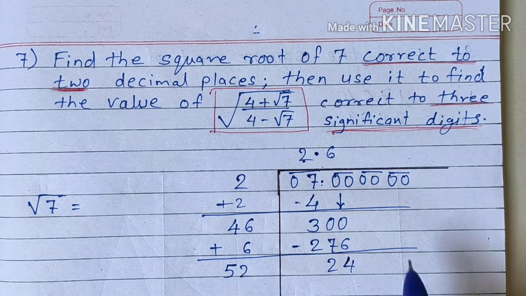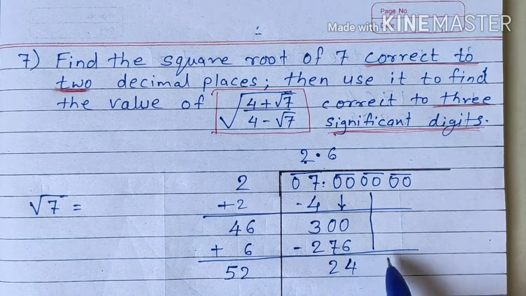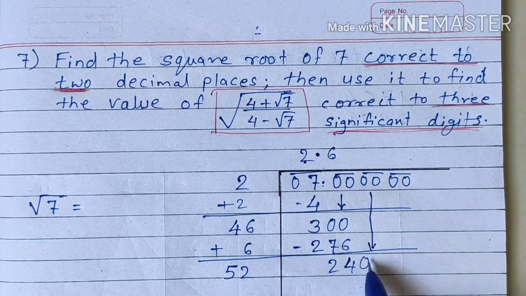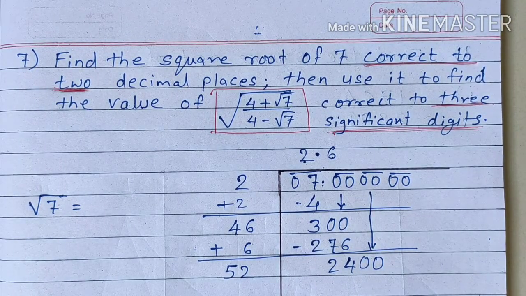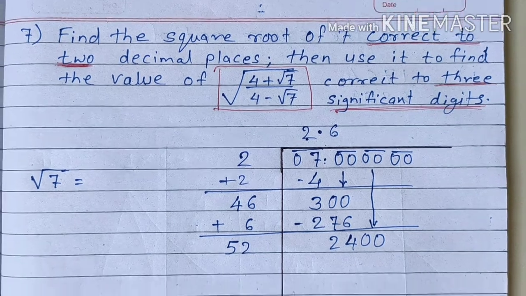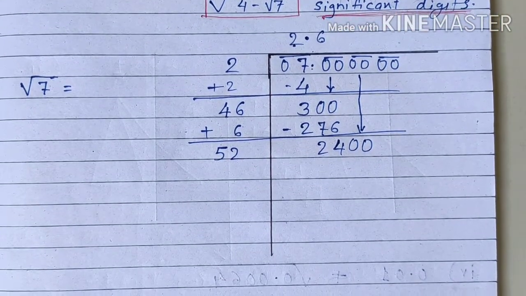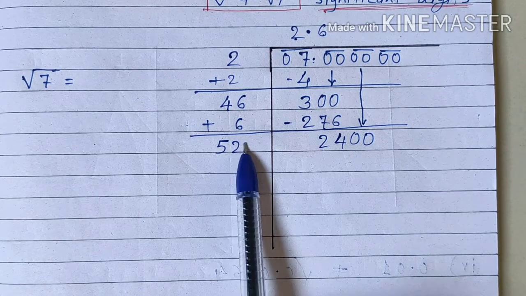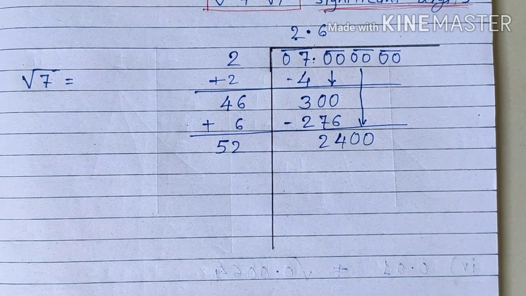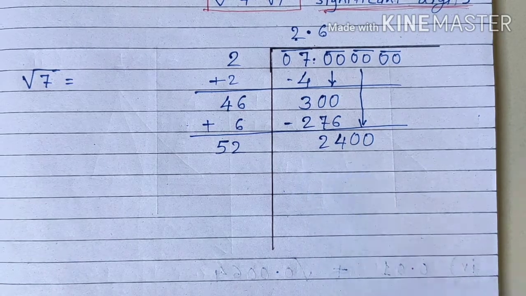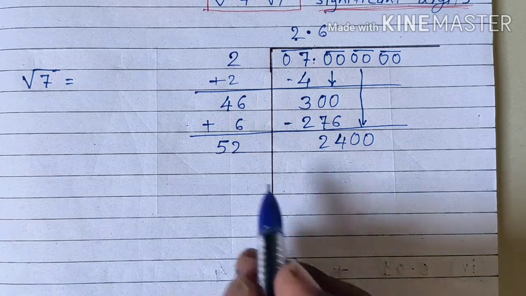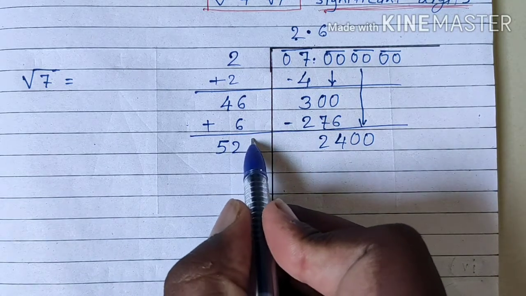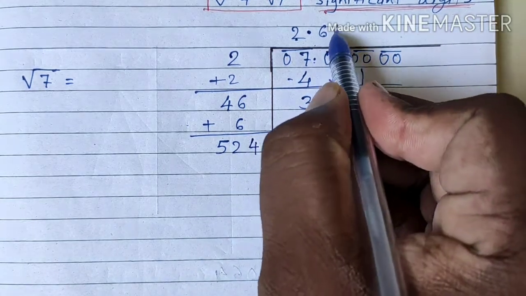So the second pair of 0 will come down here. It becomes 2400. Now along with this 52, we will take one more number, such that by multiplying with the same number we get a number less than 2400. So that number is 4. Take a 4 here.